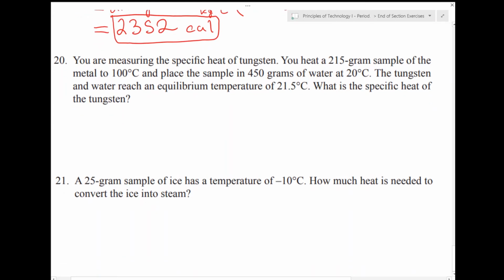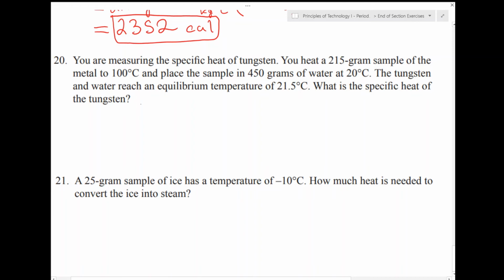Number 20 says you're measuring the specific heat of tungsten. You heat a 215 gram sample of the metal to 100 degrees Celsius and place the sample in 450 grams of water at 20 degrees Celsius. The tungsten and water reach an equilibrium temperature of 21.5 degrees Celsius. What is the specific heat of the tungsten? So to solve this problem, we have to work backwards.